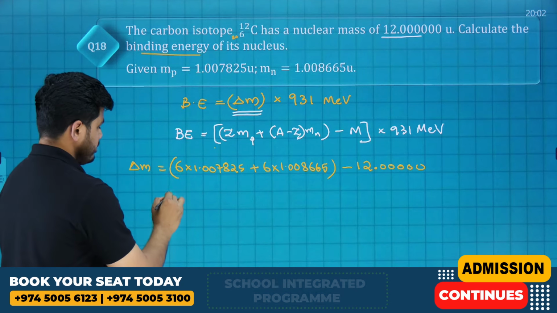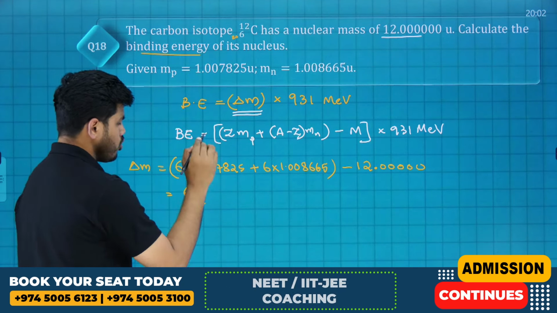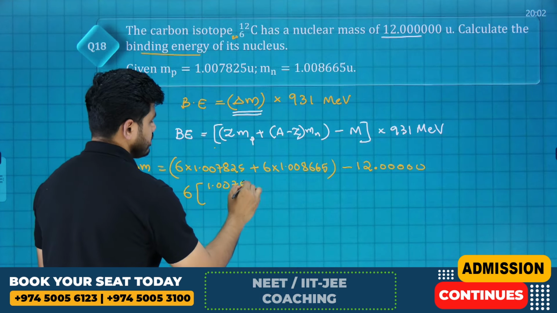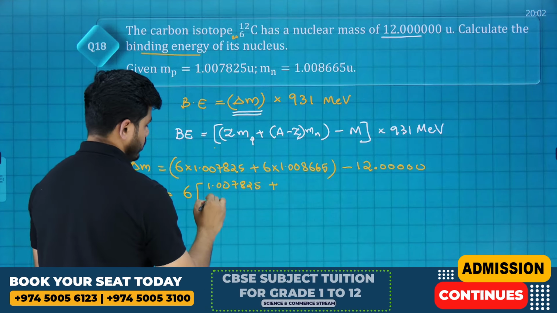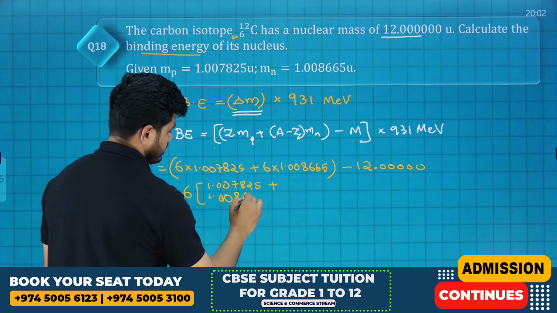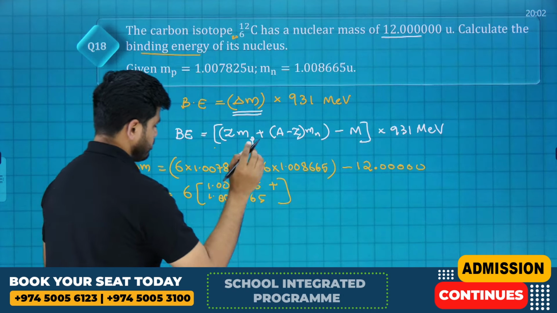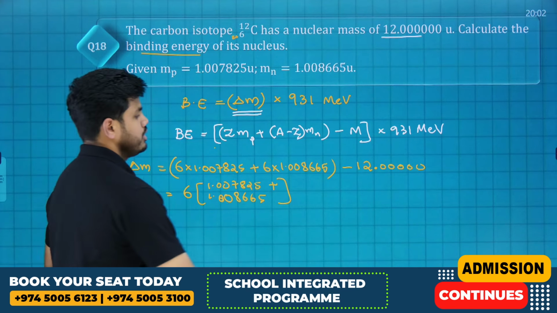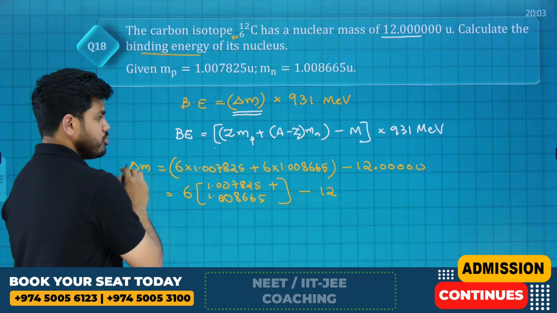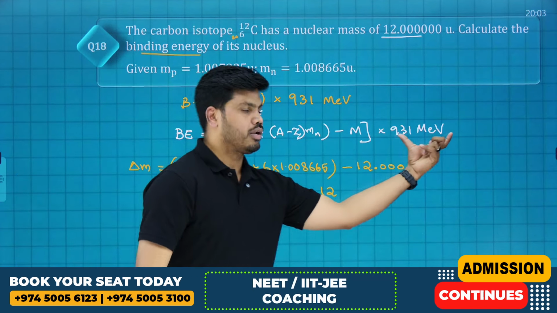Okay, so 6 is common. We can just add 1.007825 plus 1.008665. Then multiply that with 6, and you will get 12 point something, minus 12, and that is going to be your delta M. We'll come back to this calculation.